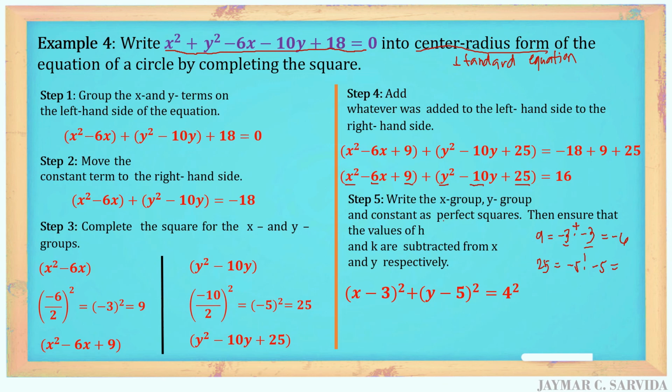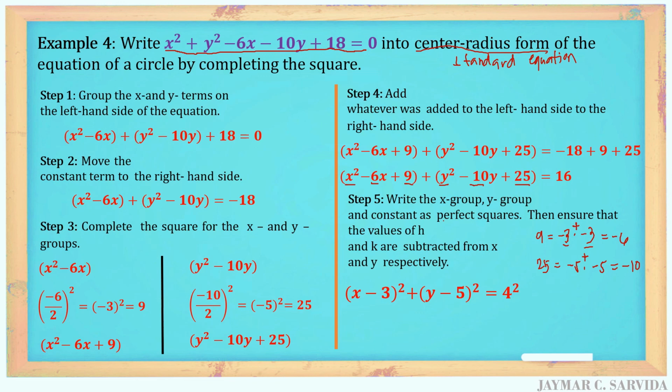Then kung i-add mo naman yan, negative 5 plus negative 5 is negative 10. Okay? So pag ginawa natin siyang perfect square, yan ay magiging quantity of y minus 5 squared equals, yung ating 16 naman ay 4 squared.